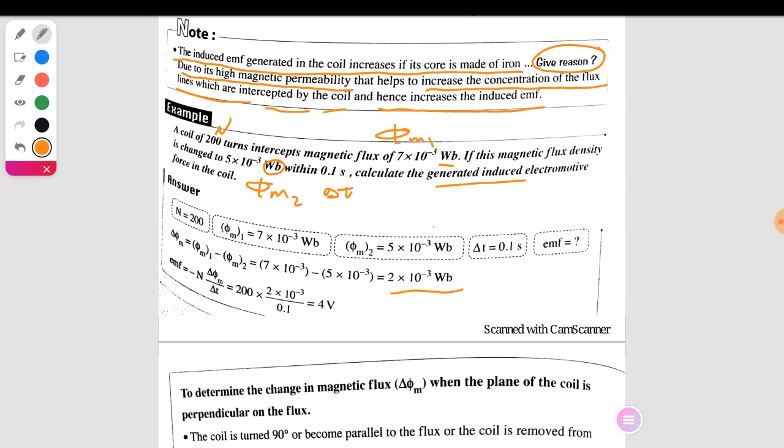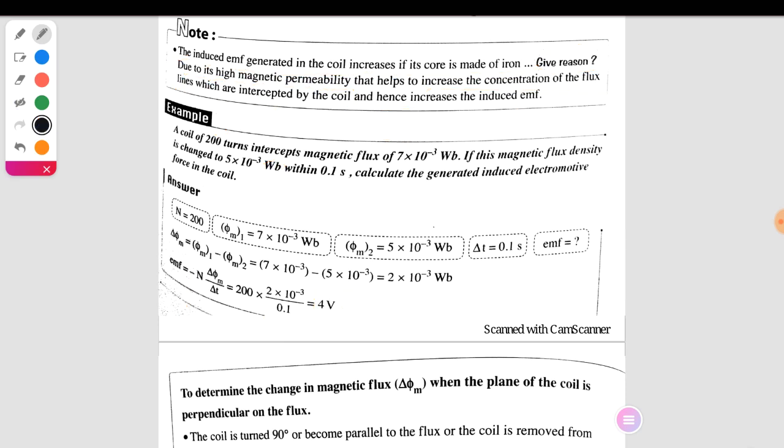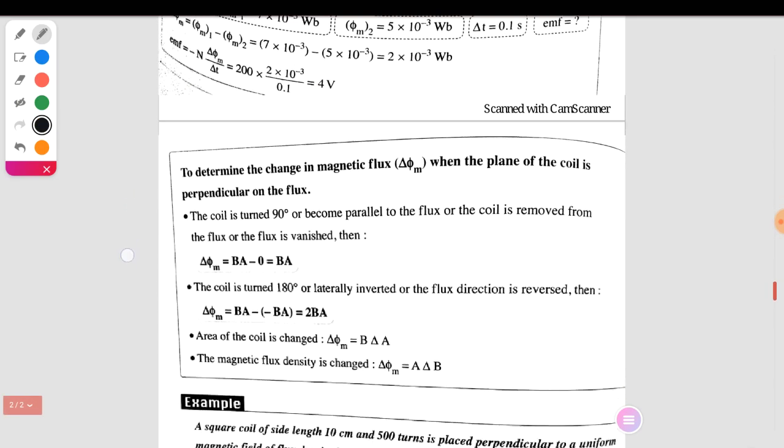EMF equals minus n delta phi m over delta t, with the minus from Lenz's rule, which determines the direction. Number of turns is 200. Delta phi m, 2 times 10 power negative 3, divided by 0.1. EMF equals 4 volt.